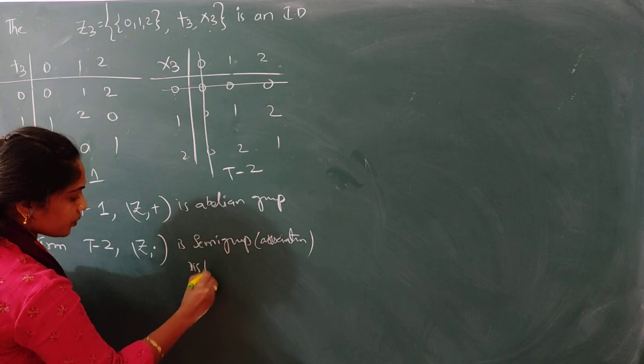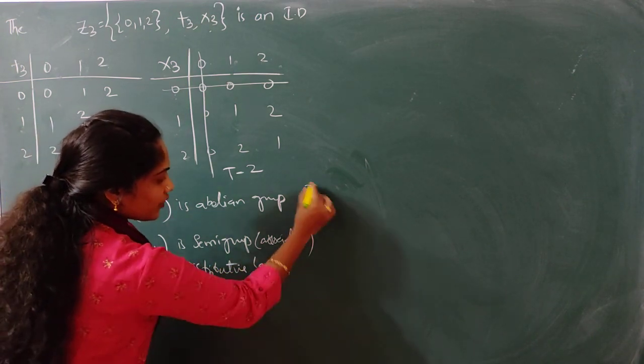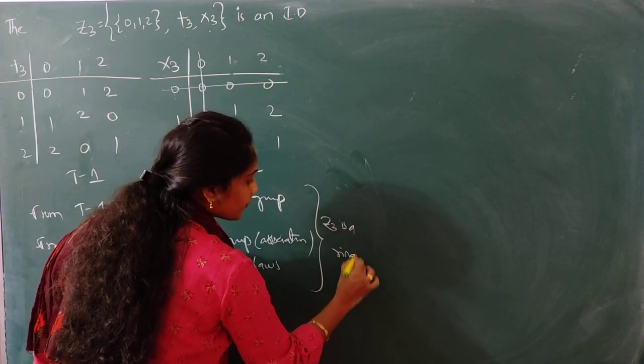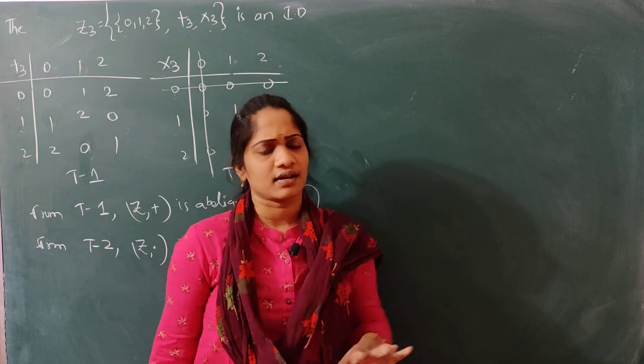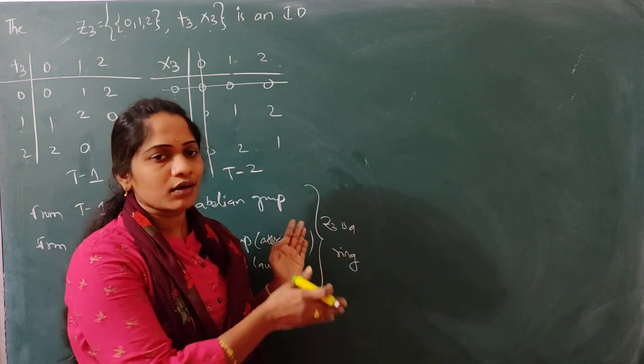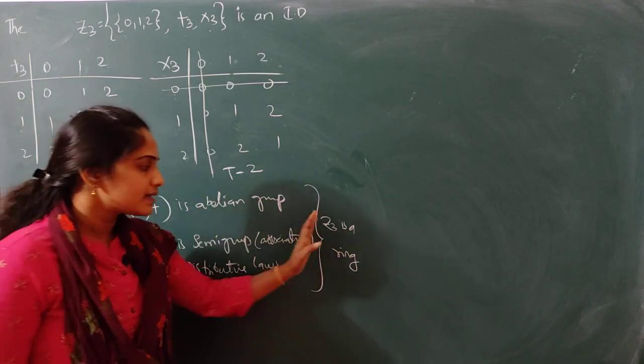So it is very clear that Z3 is a ring. Up to here you can say that Z3 is a ring. For how to do it step by step, please check my first video, as it is a very long process if you do every property here.